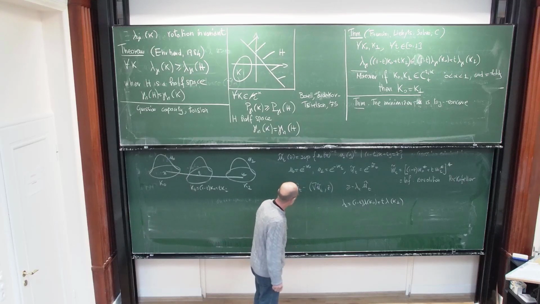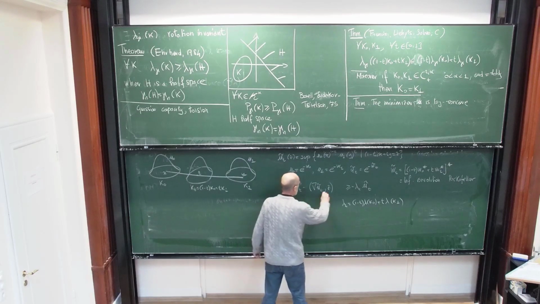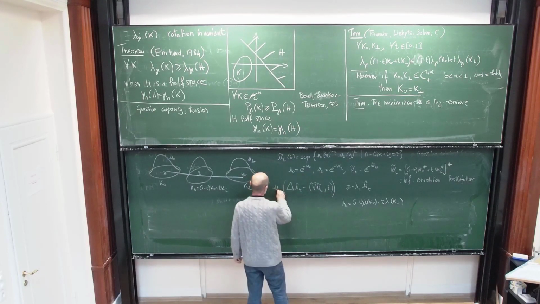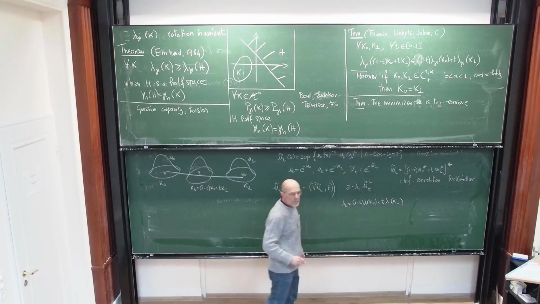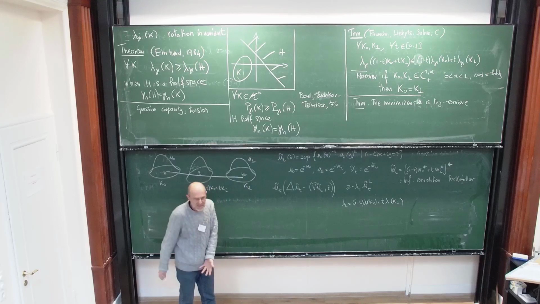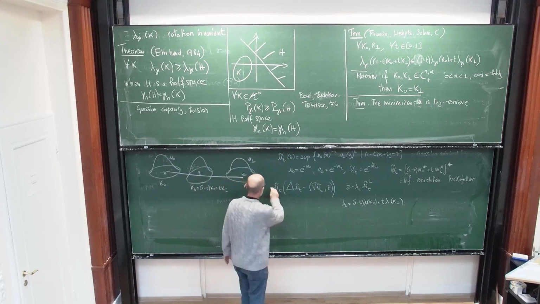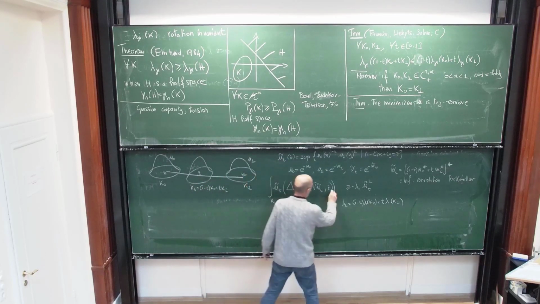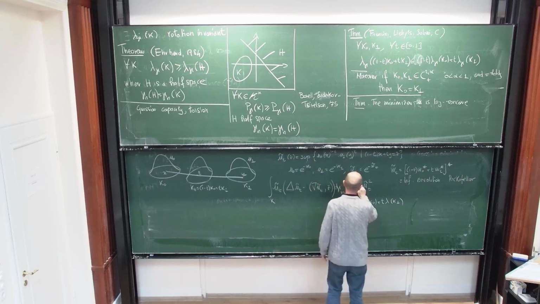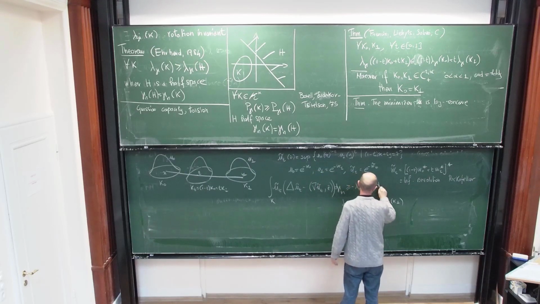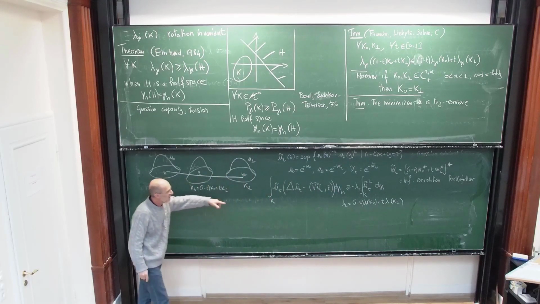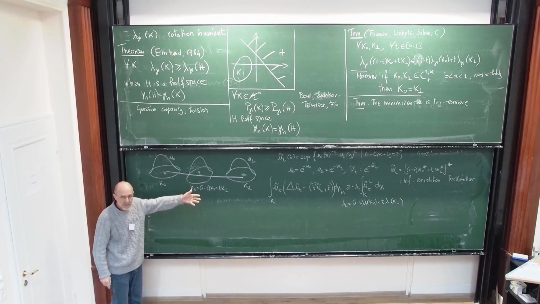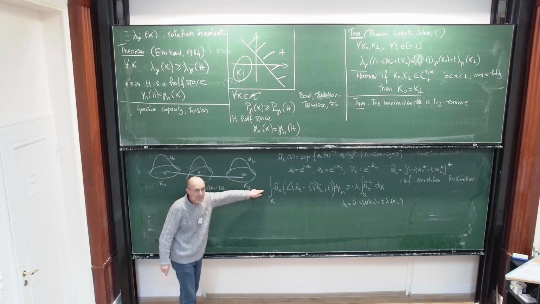And what do you do with that? You multiply by U tilde t both sides, and then you integrate. Here, everything looks very complicated, but then you integrate by parts.